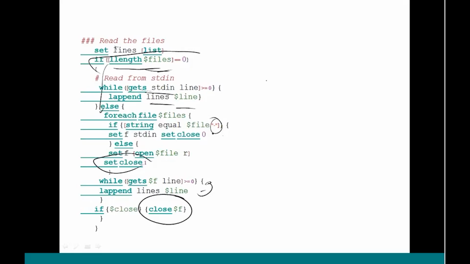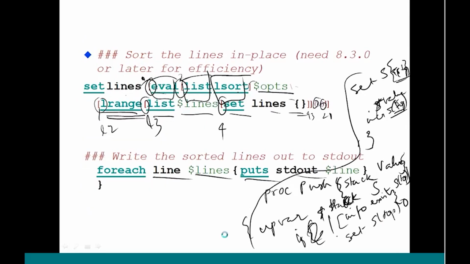Otherwise, for each of those files we see if the string is equal to dash, then we close the file, otherwise we open the file for read only and set the close to 1, and then we start reading line by line until the end of the file.